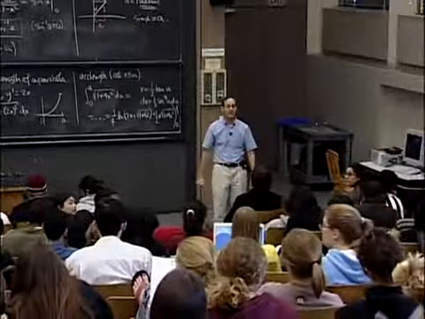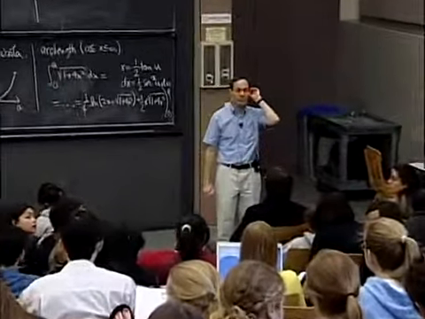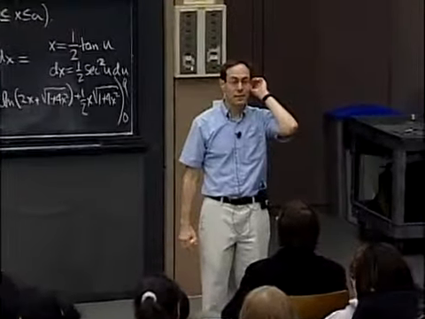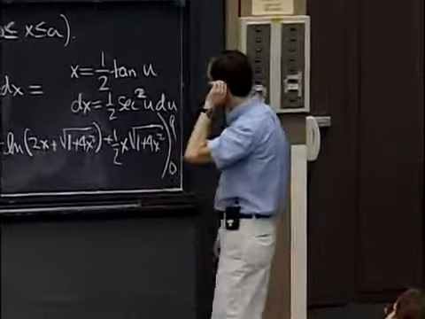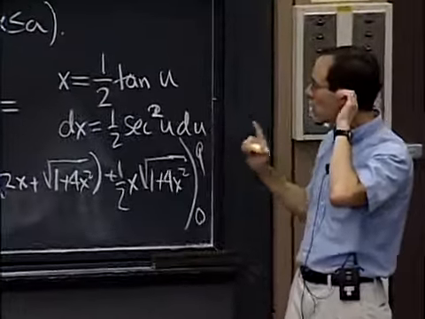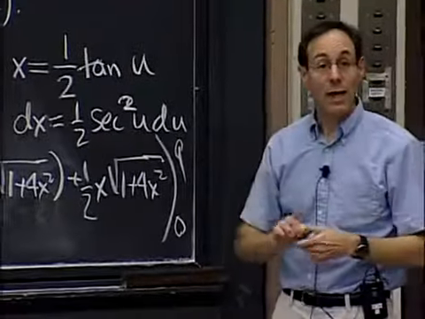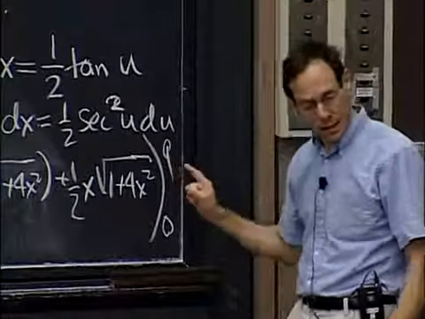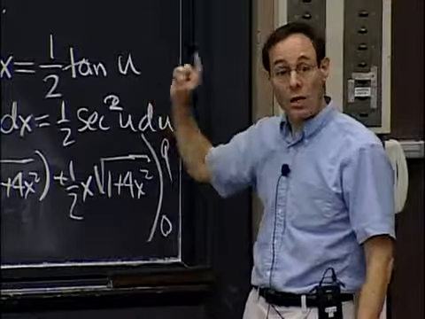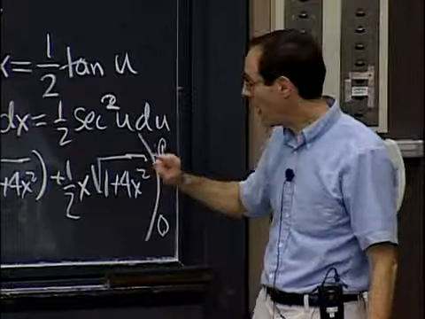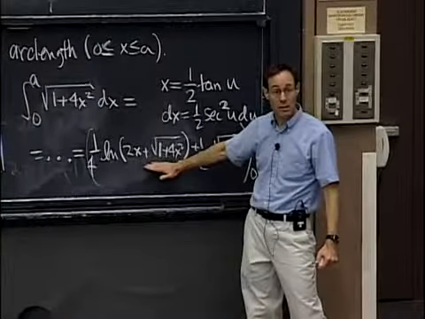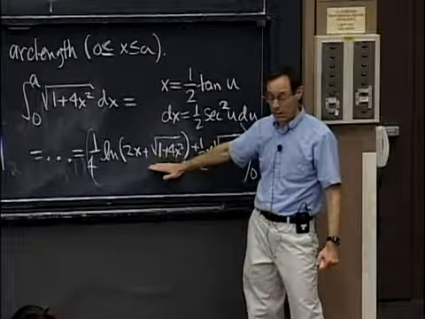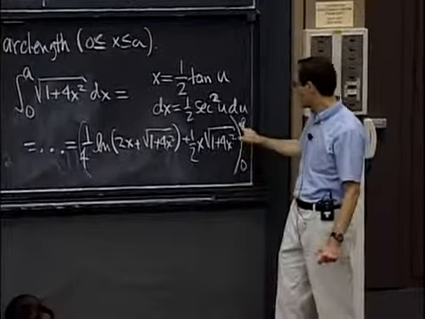When you use the substitution, don't the limits from 0 to a change? The question is, when you do the substitution, doesn't the limit from 0 to a change? And the answer is absolutely yes. The limits in terms of u are not the same as the limits in terms of a. But if I then translate back to the x variables, which I've done here in this bottom formula, I have x equals 0 and x equals a.